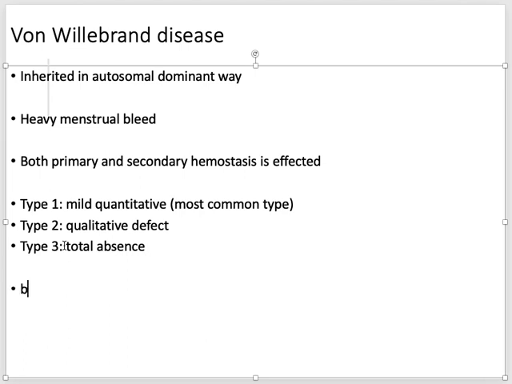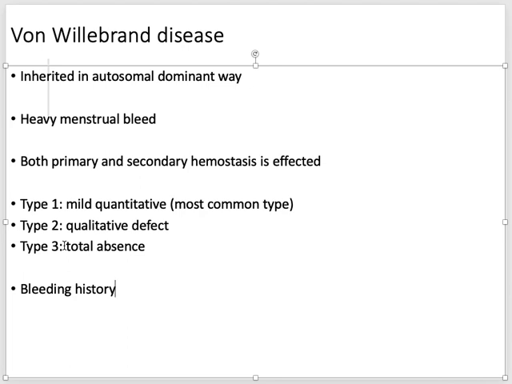So these patients will present with a bleeding history, guys. If you know the function of von Willebrand factor, you can tell what the features will be. And what kind of bleeding?